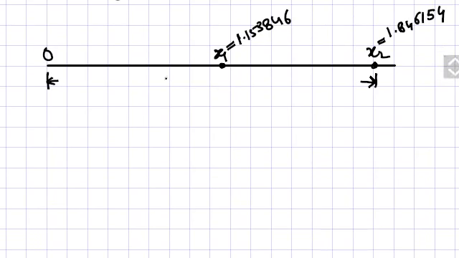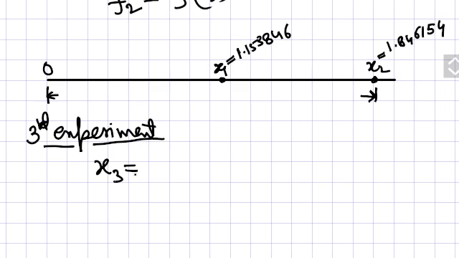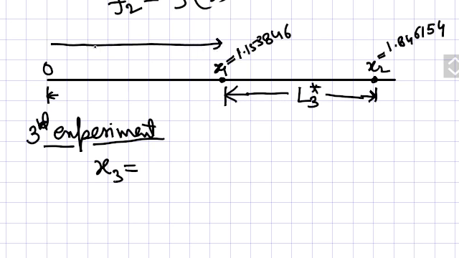The third experiment means that we will put a point x3 here, somewhere here. So how to decide that point? This distance is L3 asterisk, and this distance is L3. So this notation is very important.